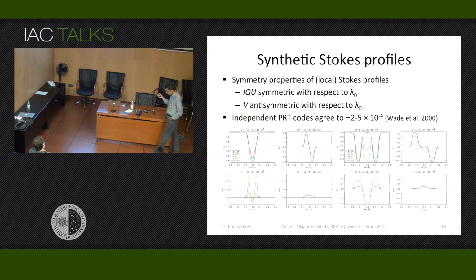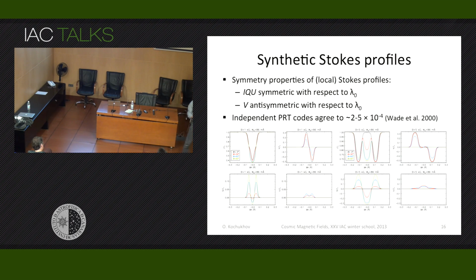When independent research groups do this kind of calculation and agree on the atomic data, the definition of Stokes parameters and the definition of magnetic field geometry, it's possible to come to agreement at the level of 2 to 5 times 10 to the minus 4.